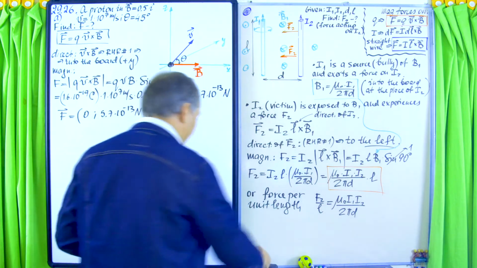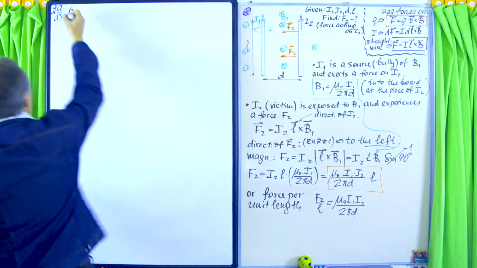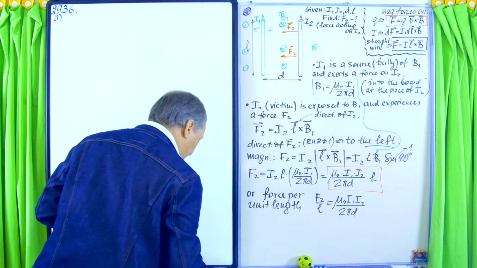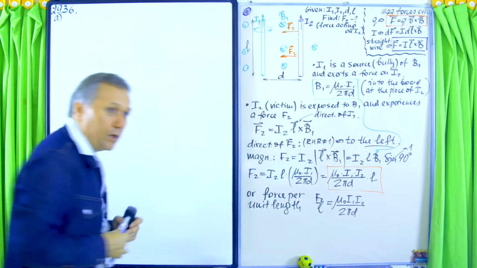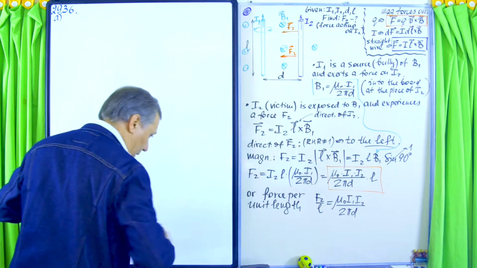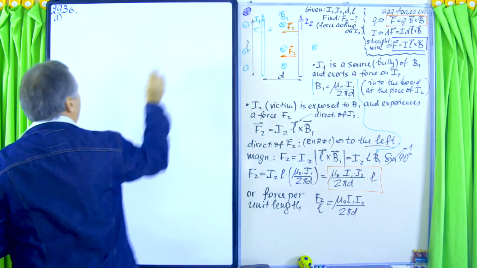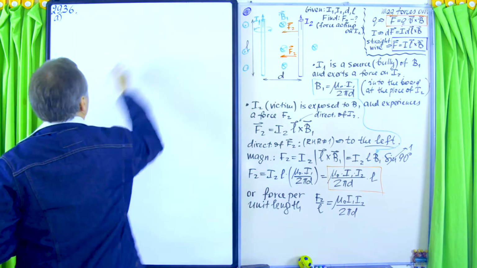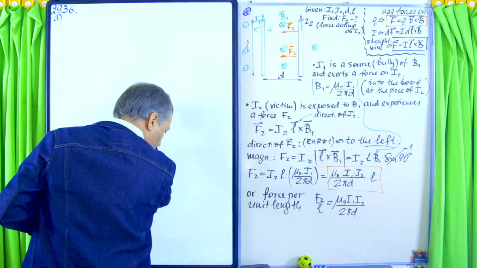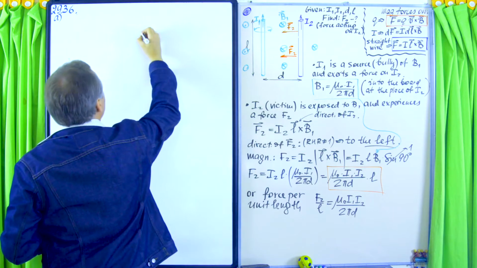Okay, so now let me erase this part. So that's, as I said, problem 2936, and it will be part A. And now wires are positioned horizontally. So let me draw them. The first one I will use black. I'm trying to estimate the amount of space that I might need.